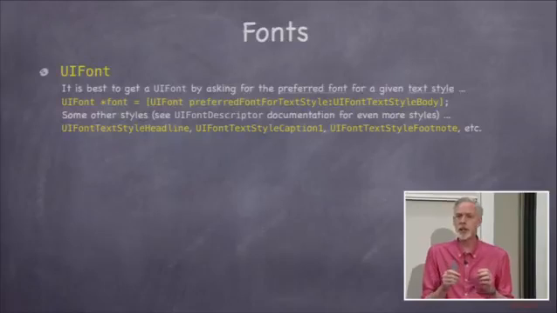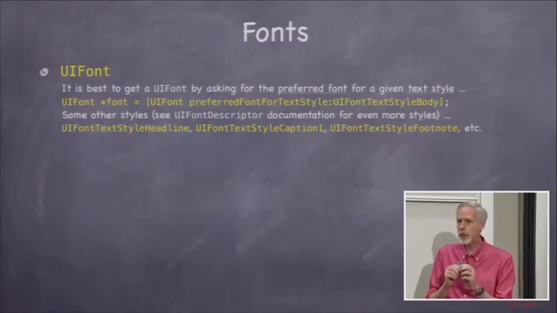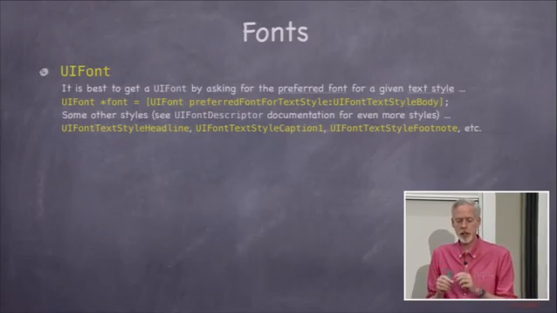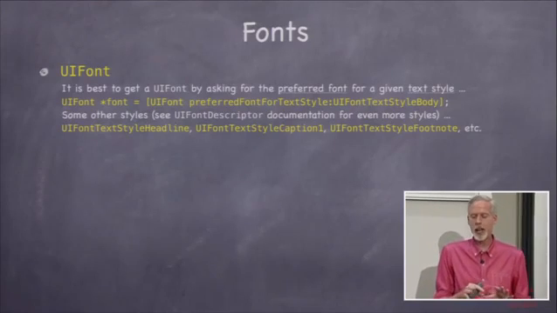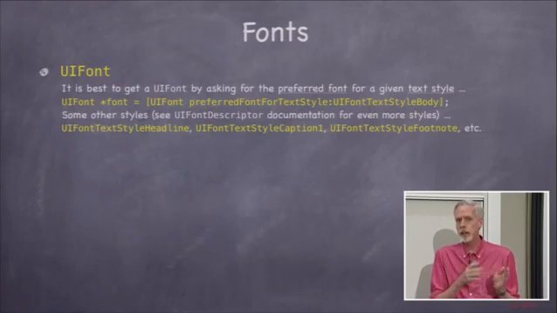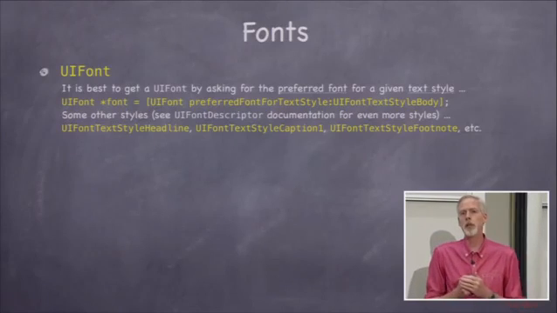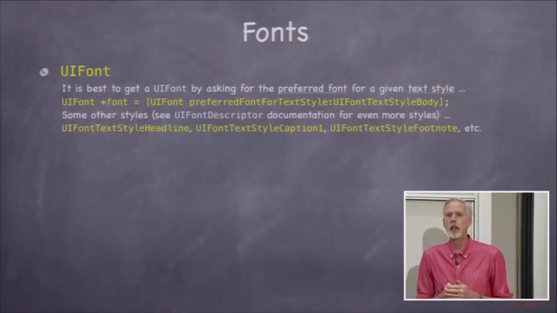And then there's a headline style, so that would obviously be a header. There's footnotes, captions, like a caption on an image, things like that. There's about, I think, 8 or so of these, and you should familiarize yourself with the circumstances semantically in which those should be used. And then when you want a font in your app, you should be using one of these for user content.